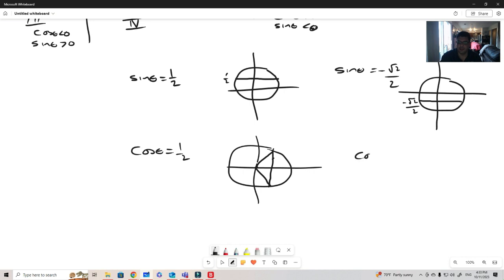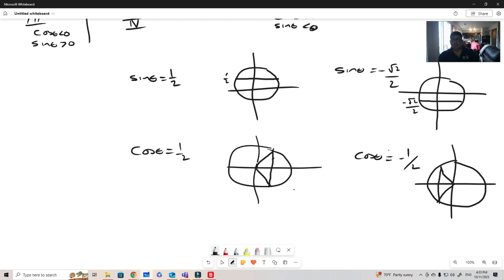Okay. And if cosine of theta equals minus 1/2, then it means that you are on the negatives, and your angles are this one here in the second quadrant and in the third quadrant. And so here's where all the discussion about reference angle that we had before comes in.